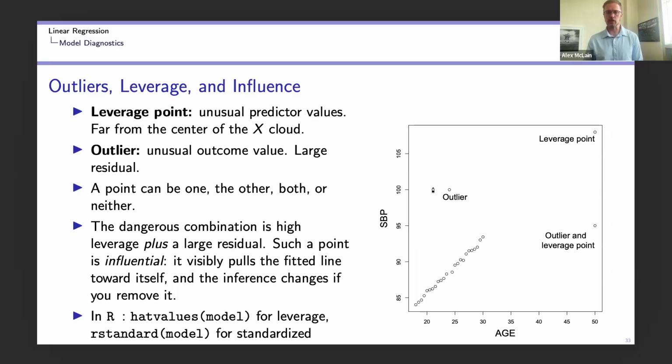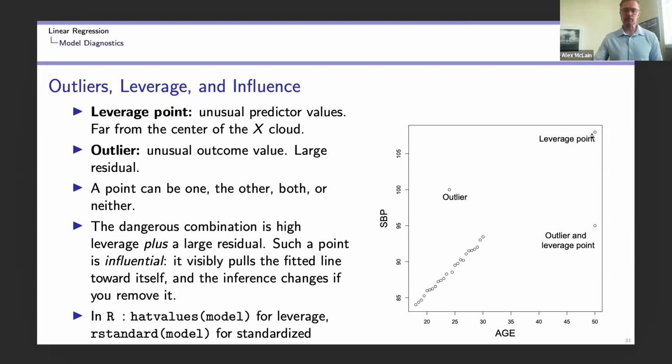So this point right here is going to be an outlier because at age 25, in this data set at least, the systolic blood pressure of 100 is very different. That's an outlier. Here we have another outlier. At age 50, the systolic blood pressure of 95 is much lower than it is based on the linear trend.